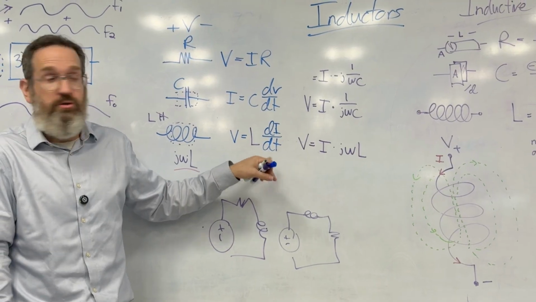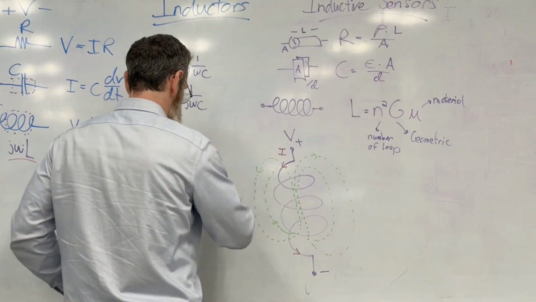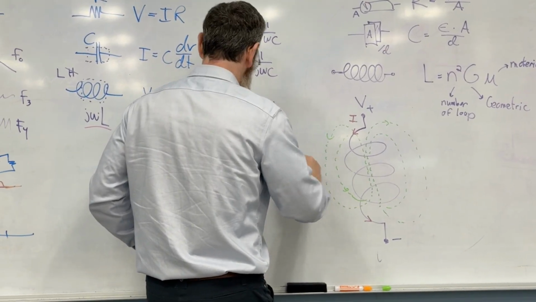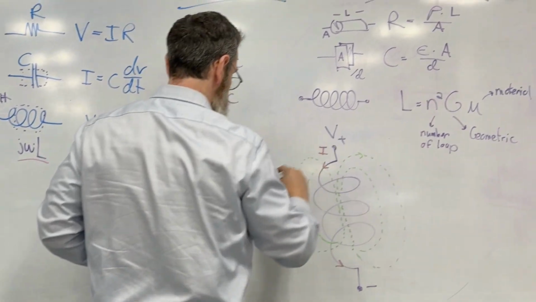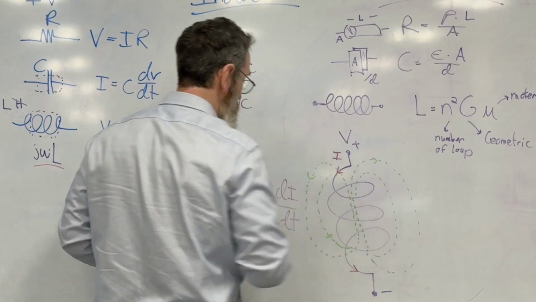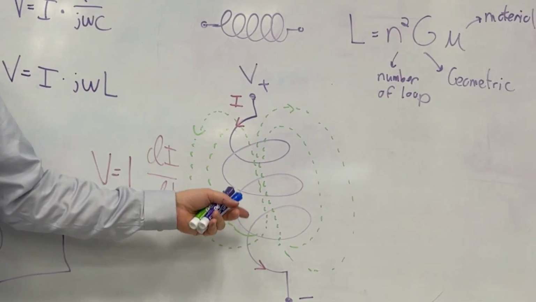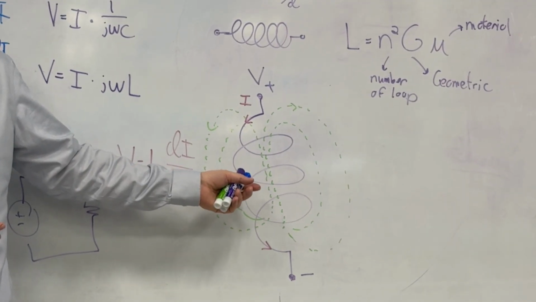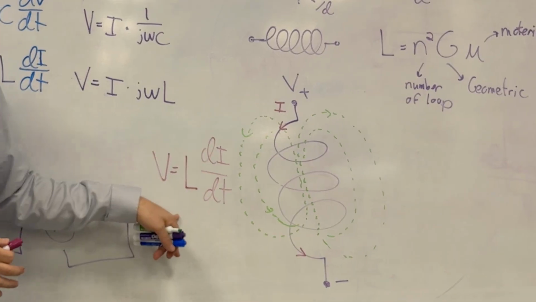That's the relationship. So if you want to ignore everything else, just say that the voltage is equal to some number, everything comes together, times the change in current over change in time. Why a change? Because that's what Faraday's law of induction says. It says that the magnetic field has to change to produce a voltage, and so this is the relationship.